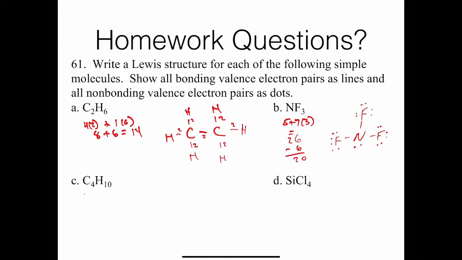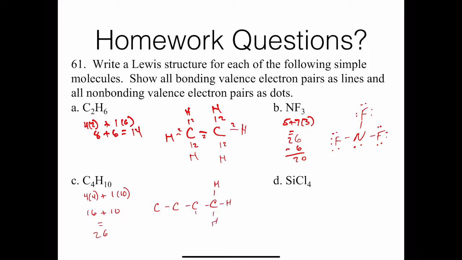C4H10, carbon is in column 4. There are 4 of them. I'm going to add that to hydrogen's contribution of 1 times 10. So 4 times 4 is 16, plus 10 gives me 26 electrons to distribute. This is similar to A. I'm going to bond these carbons to each other. Then the only thing to do with hydrogen is to put them around the outside.